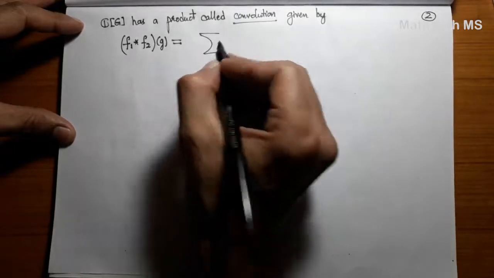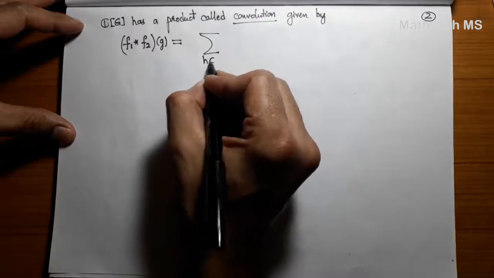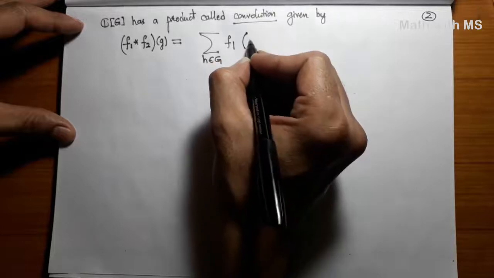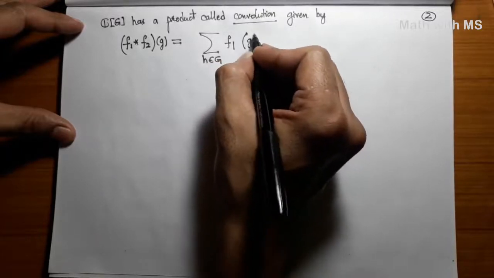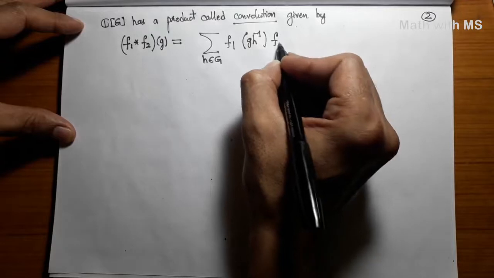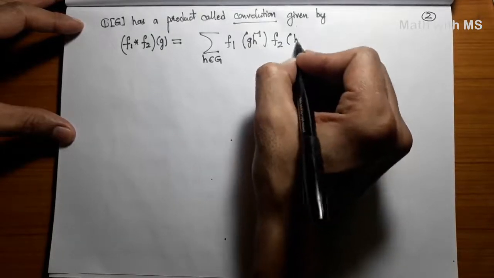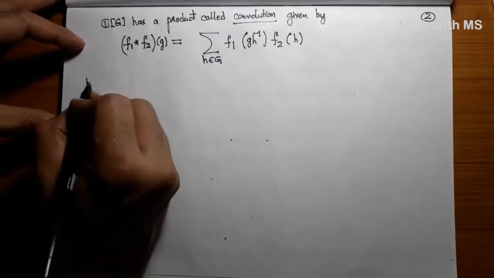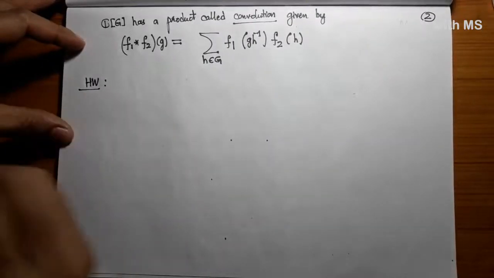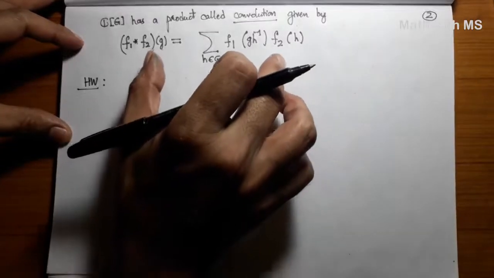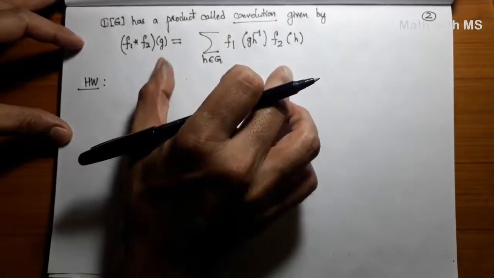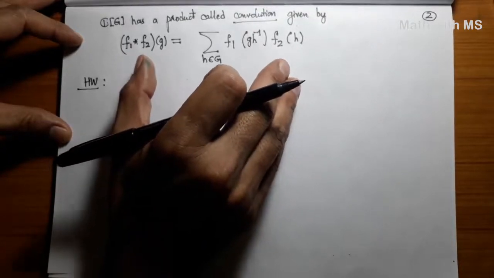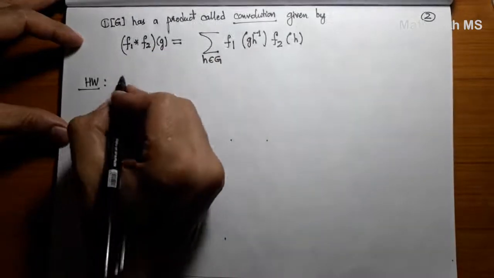Take the sum over the group elements h in the group G of f1(g h inverse) f2(h). Again it's a very easy check, so I'm not going to spend time on this, but maybe I'm going to come back to convolution later on. At this moment I don't really need this product, but I just want to emphasize that it's indeed an algebra.